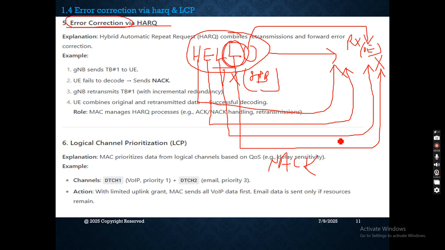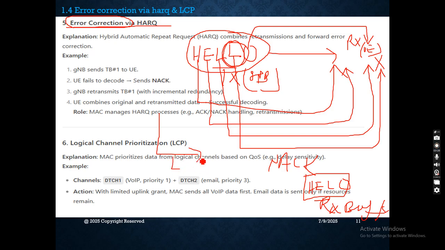So it will keep all the successful ones in the buffer. This is my receiver buffer, RX buffer. It will keep H, E, L, O, and will send a NACK for this L, and once the transmitter receives the NACK, it will retransmit it.